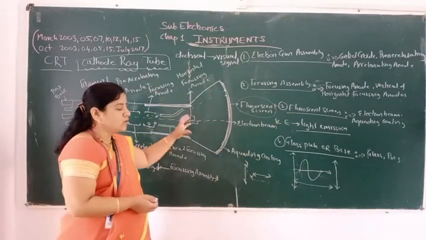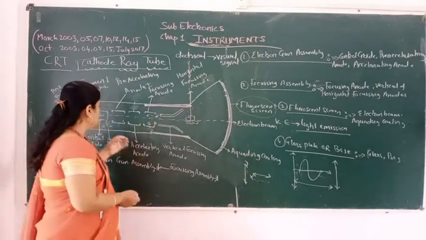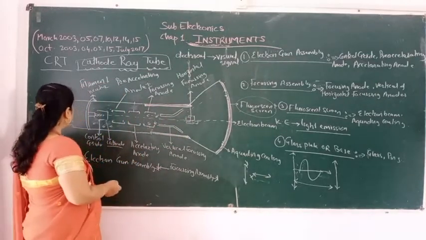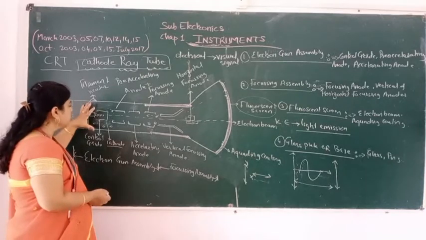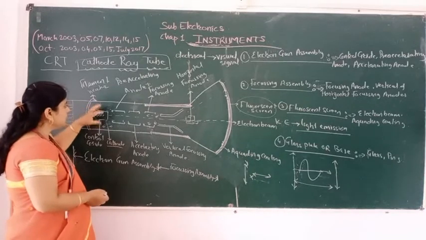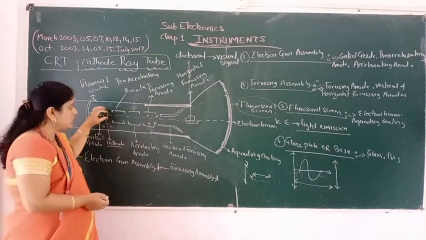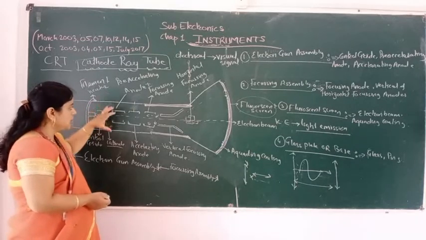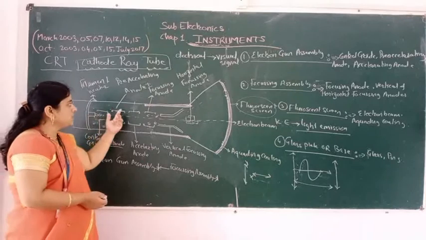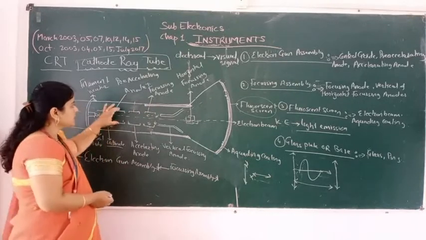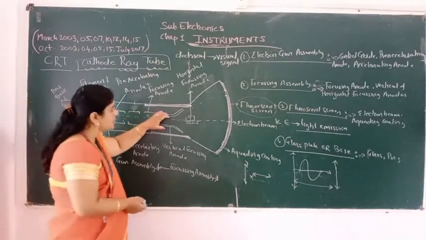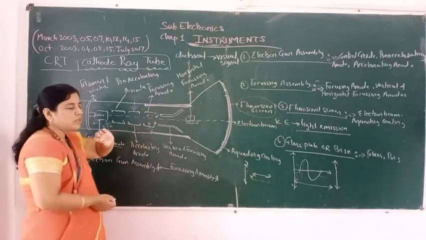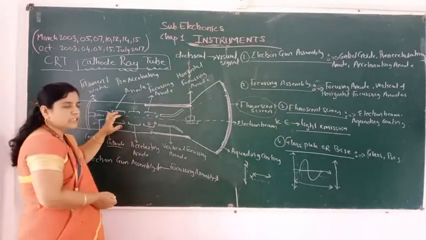In the CRO, the CRT is used, and how does the CRT work? When the supply is applied, it goes to the heater, which heats the filament and starts emitting electrons. The electrons flow everywhere, so the accelerating anode gives them a direction, allows them to pass in this direction and strike the fluorescent screen, and it also gives them speed.